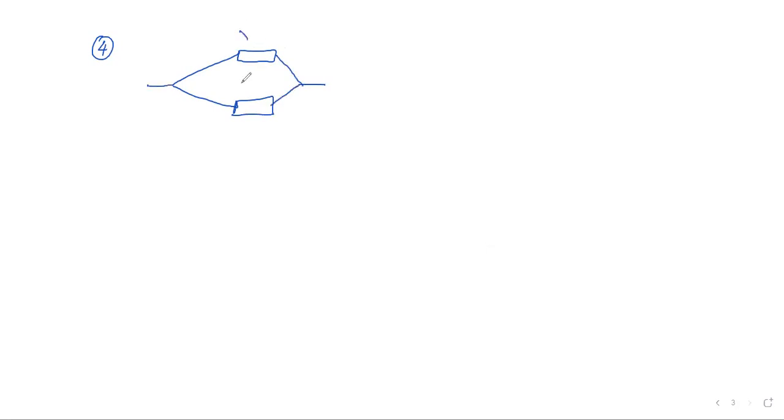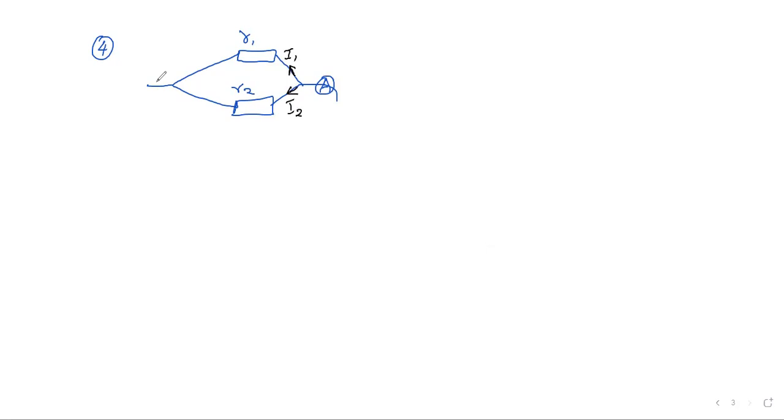This is resistor 1. That's resistor 2. As the current comes in here, you will appreciate that some will go that way, some will go this way, and you can say I1 there, second current I2 there.